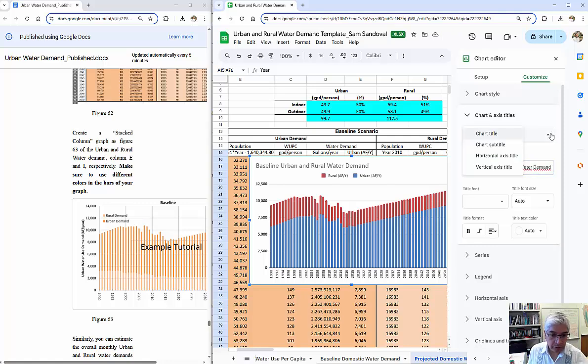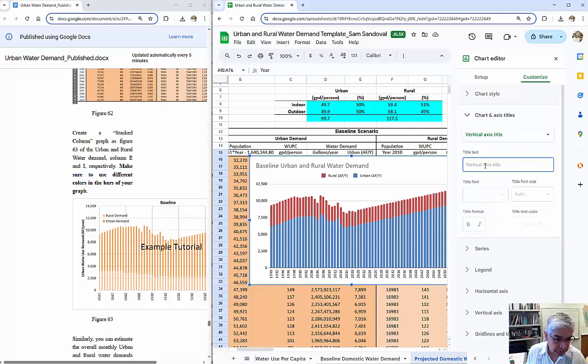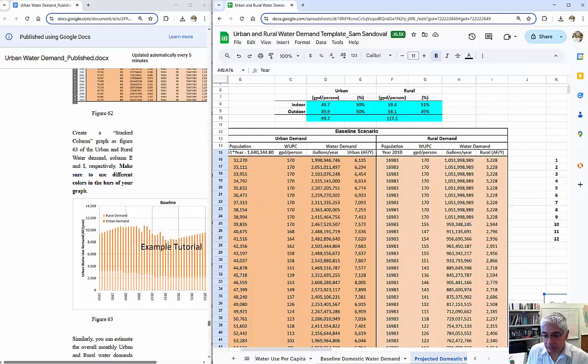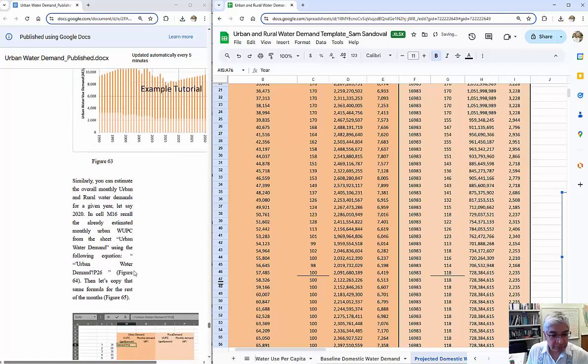For the vertical axis title, we can also put in here water demand. This will be acre feet per year, and there you have it, and so on. Okay, so we have now this specific one.